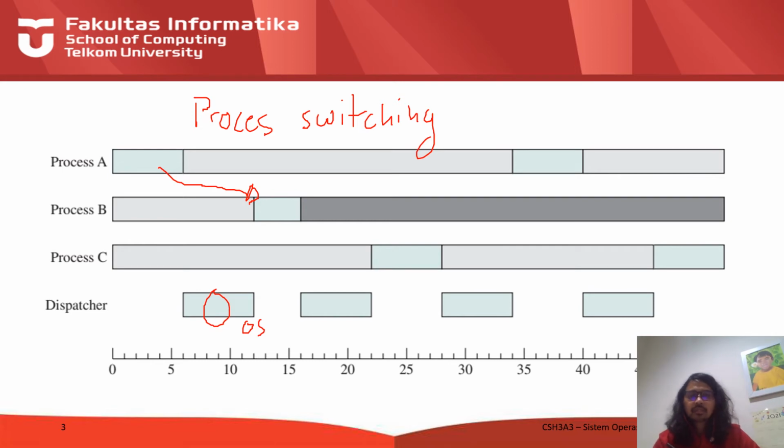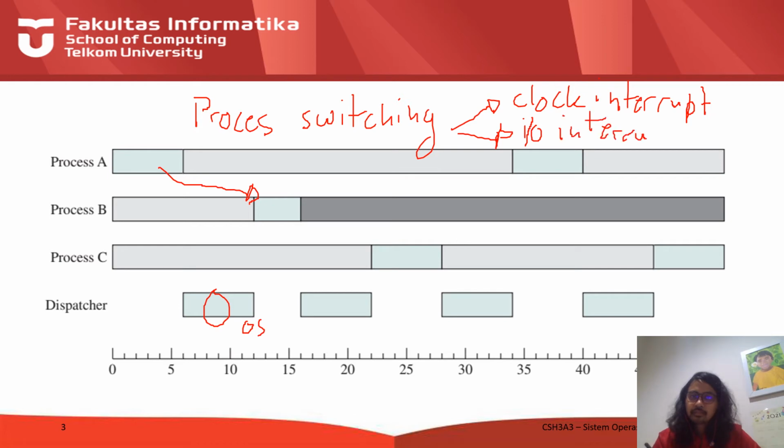So from here we know that there are 2 causes of process switching. The first is a clock interrupt, and the second one is an IO interrupt. This is an example of a clock interrupt.